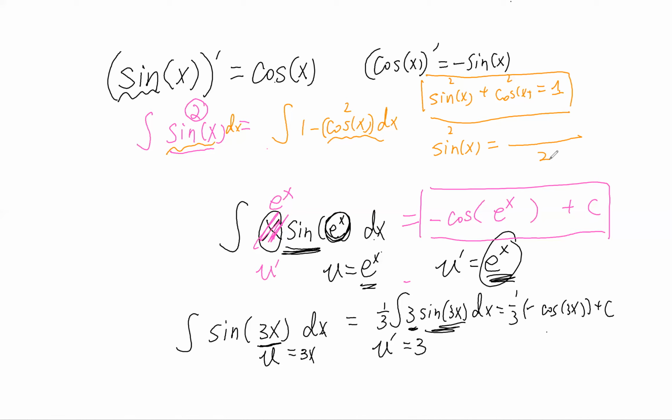Can somebody look at the formula sheet and tell me what sine squared equals using cosine 2x? Anybody find it? Can you do sine squared is equal to 1 over cosine squared?